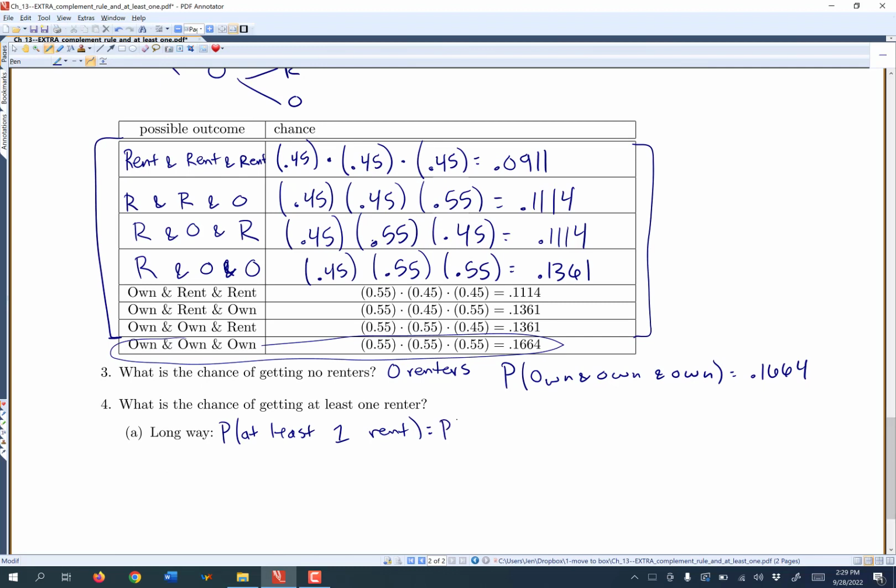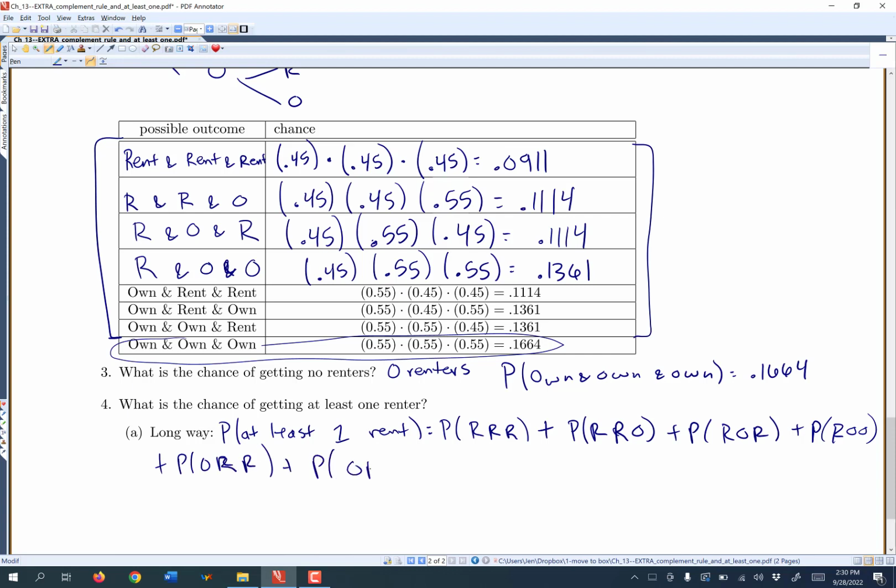So that's the probability of rent, rent, rent, plus the probability of rent, rent, own, plus the probability of rent, own, rent, plus the probability of rent, own, own, plus the probability of own, rent, rent, plus the probability of own, rent, own, plus the probability of own, own, rent. Did I get them? 1, 2, 3, 4, 5. Okay, so we have all of those that we have to add up.